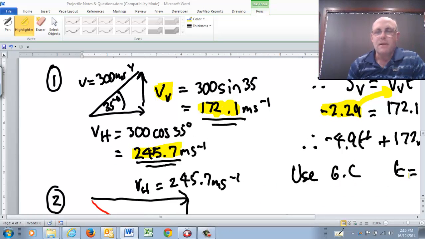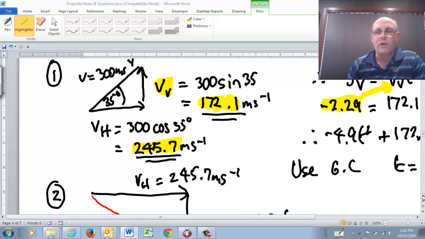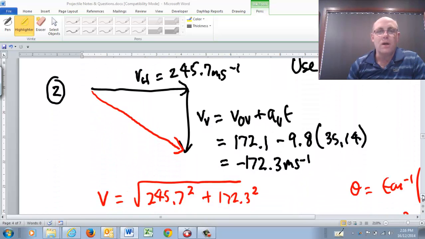The next bit asks what velocity it is going to hit the ground with. The horizontal velocity stays constant at 245.7. The vertical velocity is going to change. It's originally going up at 172.1, it's in the air for 35 seconds, and gravity is acting on it that whole time.